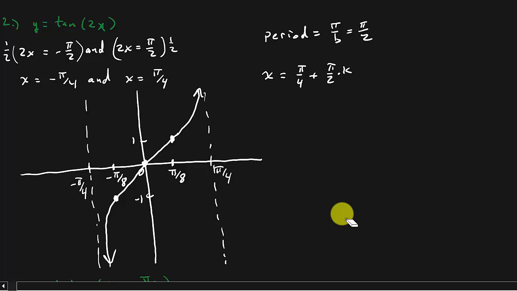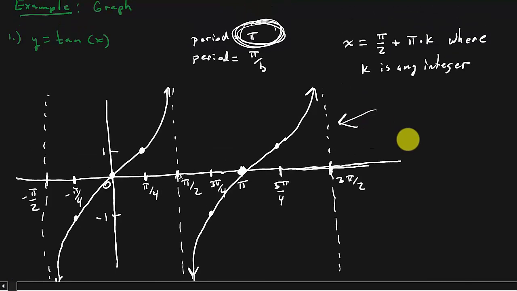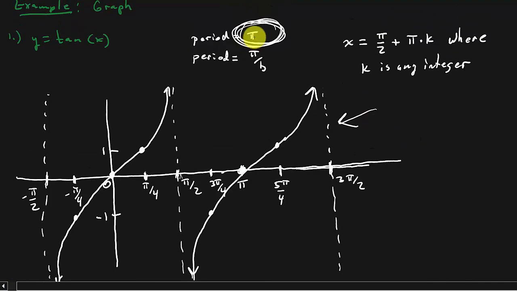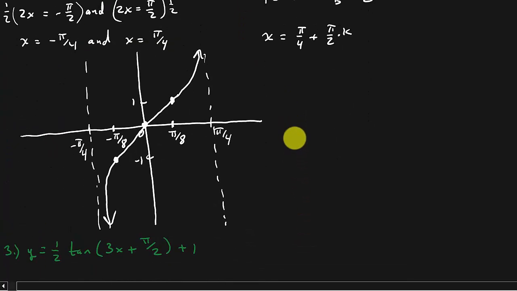And that's what I was talking about up here, when we got to this vertical asymptote. I want you to understand it's not that you're adding pi to get to the next vertical asymptote. You're adding the period. And so that's what I was explaining here.